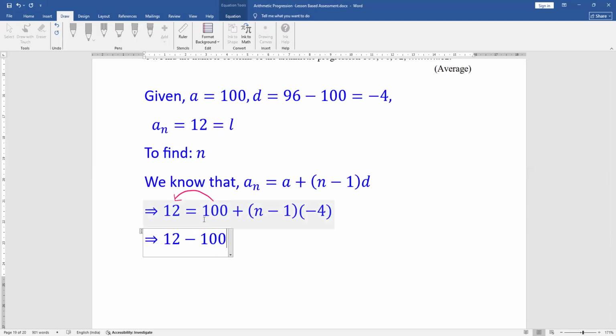So 12 minus 100 equals, then the same thing I have written. Now here minus into plus is what? Minus. So it becomes minus n minus 1 into 4.